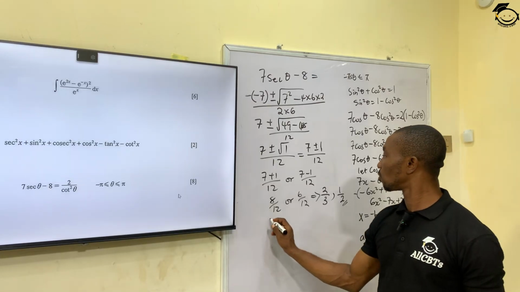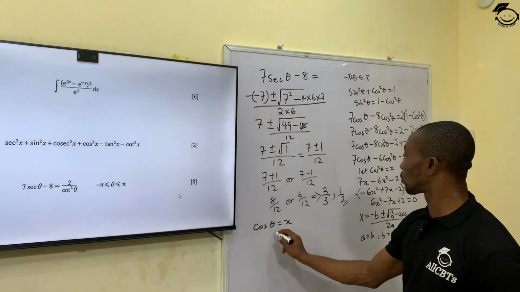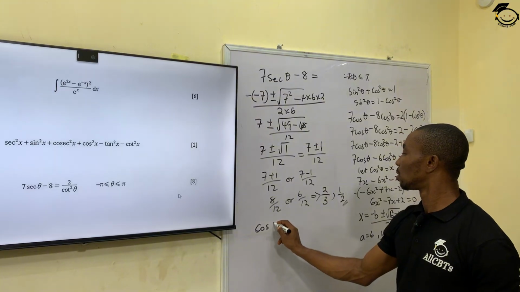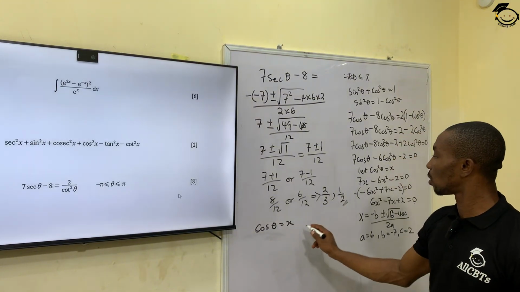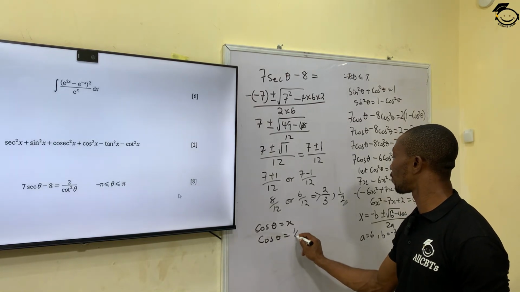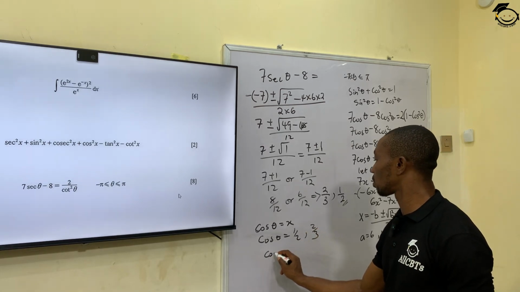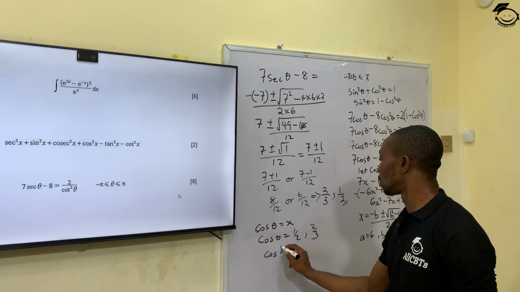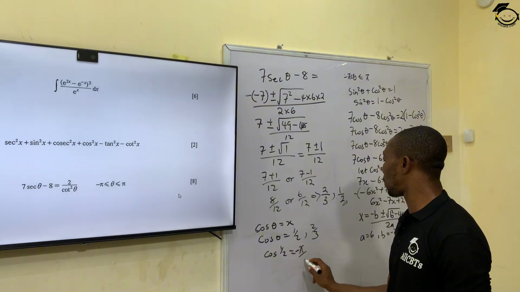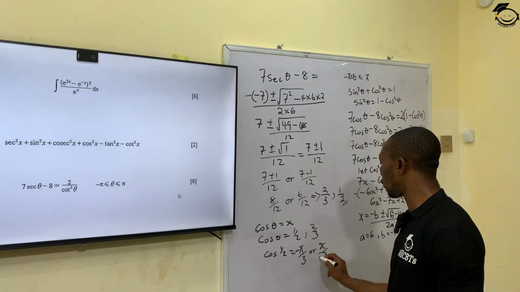Recall that our cos theta equals x. So our cos theta would be half, or 2 over 3. Now, in terms of pi, cos theta equals half would be negative pi over 3, or pi over 3.